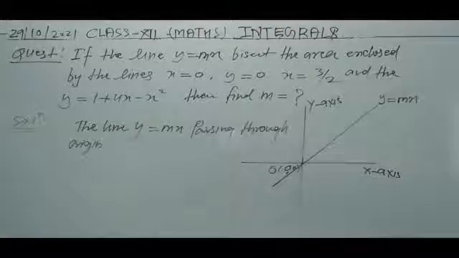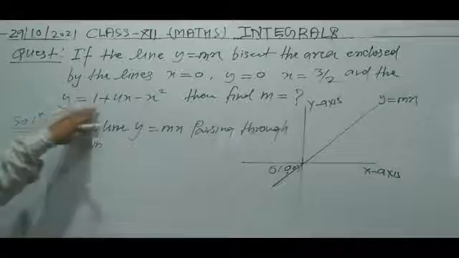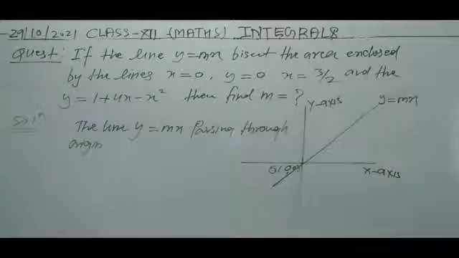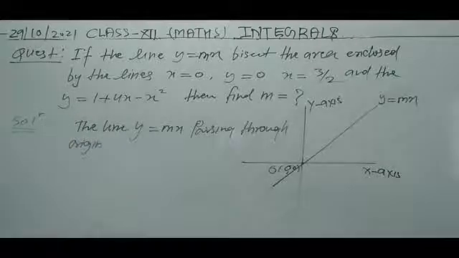Now the curve y is equal to 1 plus 4x minus x square. When you draw it on the graph, when you put x is equal to 0, you will get y is equal to 1.